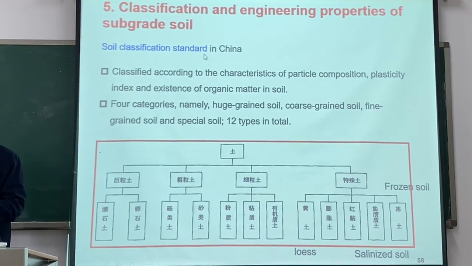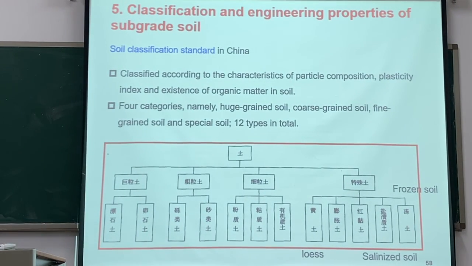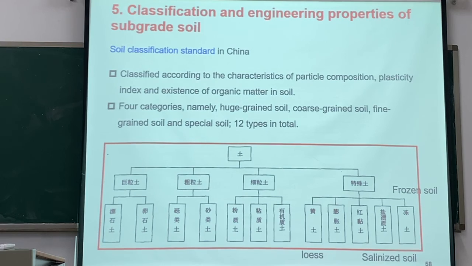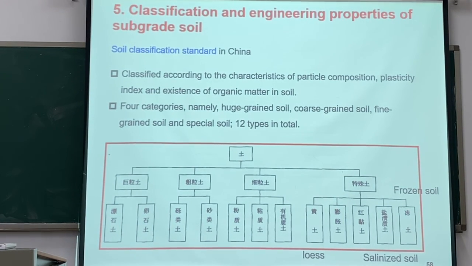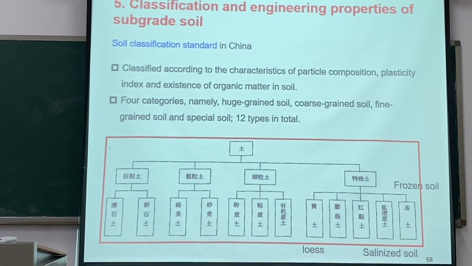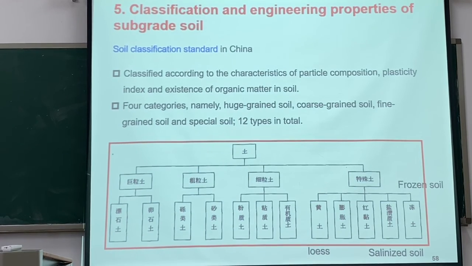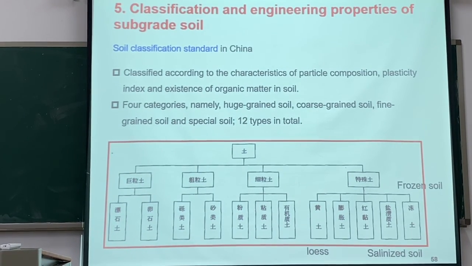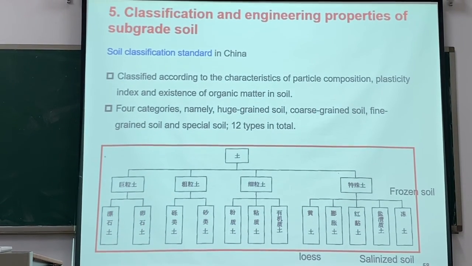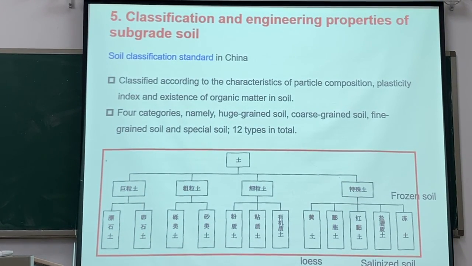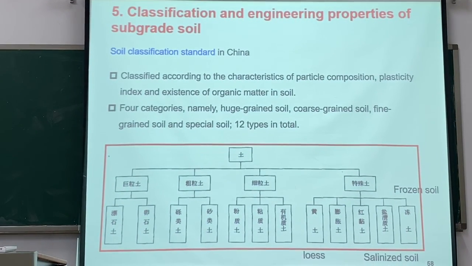Okay, this is a classification standard in China. We classify soil according to the characteristics of particle composition, plasticity index, and the existence of organic matter in soil. There are four categories, namely boulder soil, coarse grained soil, fine grained soil, and special soil.